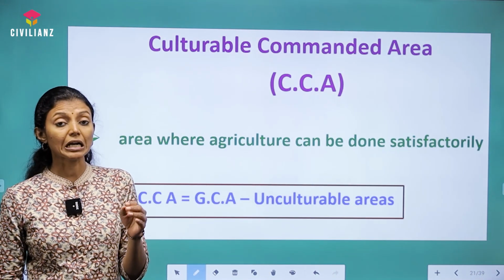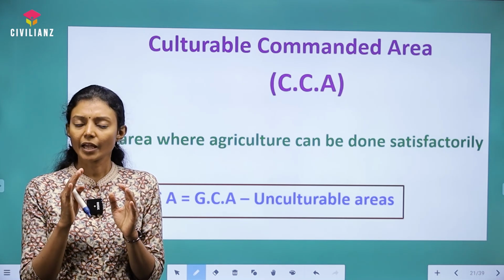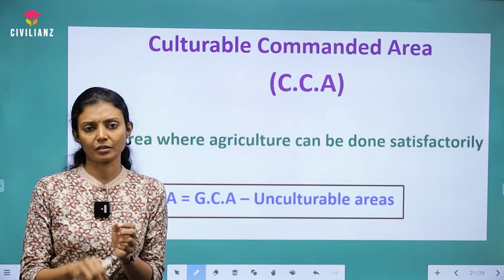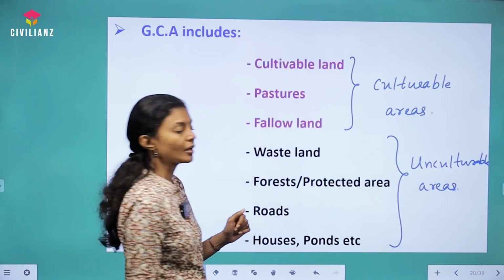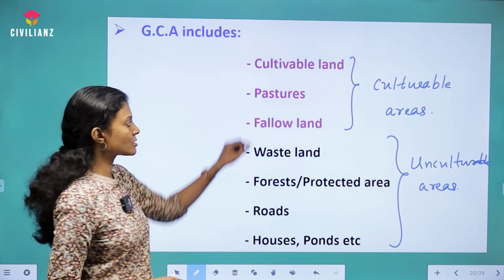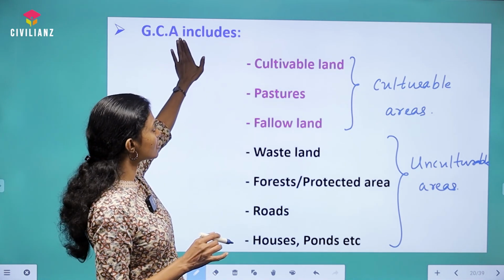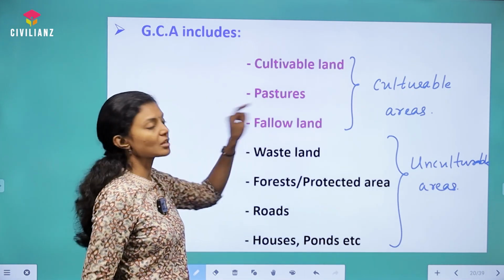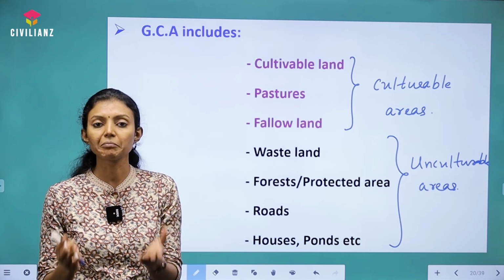Now coming to culturable commanded area, CCA. The area where actually cultivation can be done is known as CCA. So if we come back to the list again, in this particular list, these three include CCA. That is, GCA minus unculturable areas is called CCA, the area where actually cultivation can be done.